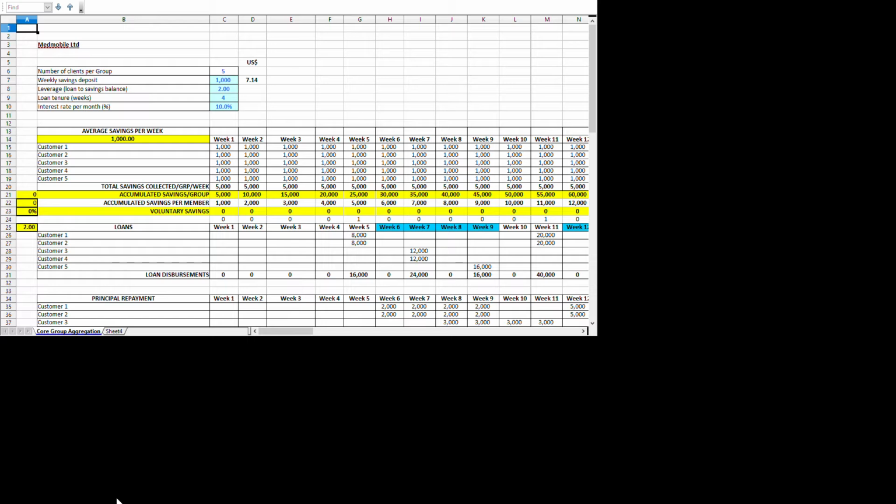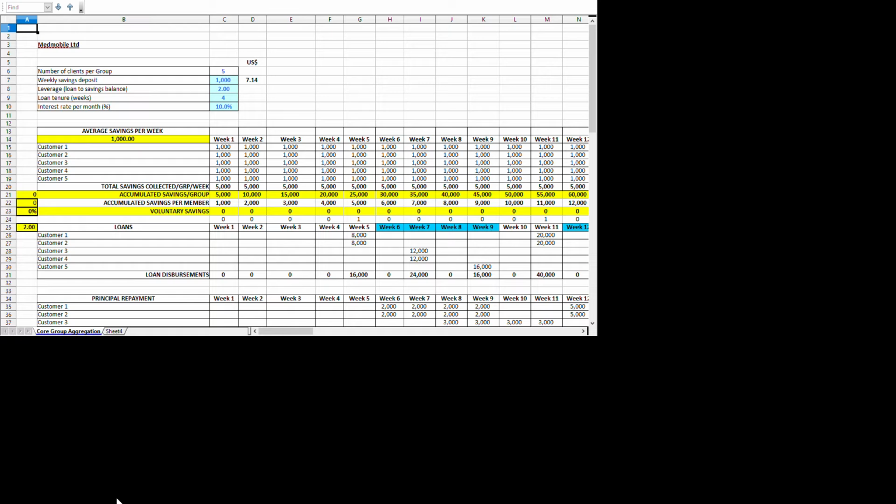So you see it's $5,000. In row 21, you see the accumulated savings balance of the group. So you see it goes from 5, 10, 15, 20,000 and so on. And in row 22, you see the accumulated savings per member. So the member's savings is going up by $1,000 each week.